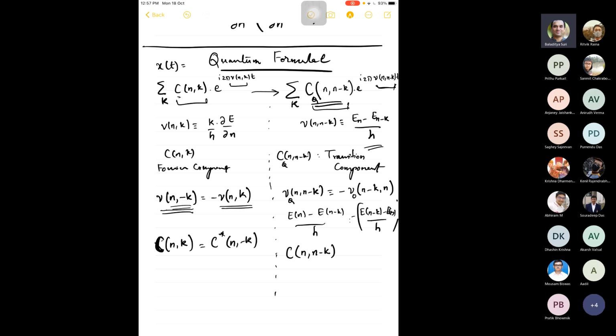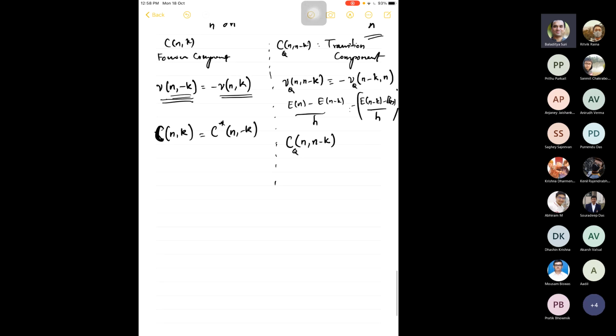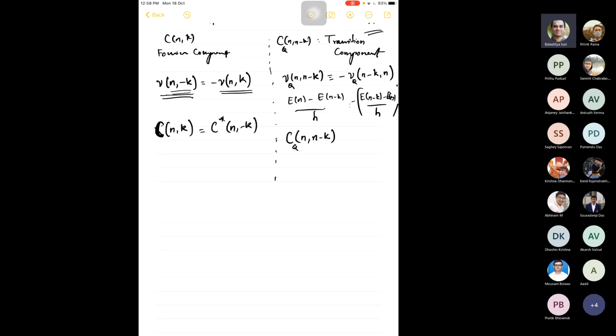I'll call it nu q instead of, okay? That will at least not at some later stage make me interchange the symbols by mistake. So in the quantum case, whatever this quantity is, we don't know what it is, CQ n minus k should be CQ star of n minus k, right? So we just simply say it should be n minus k n.